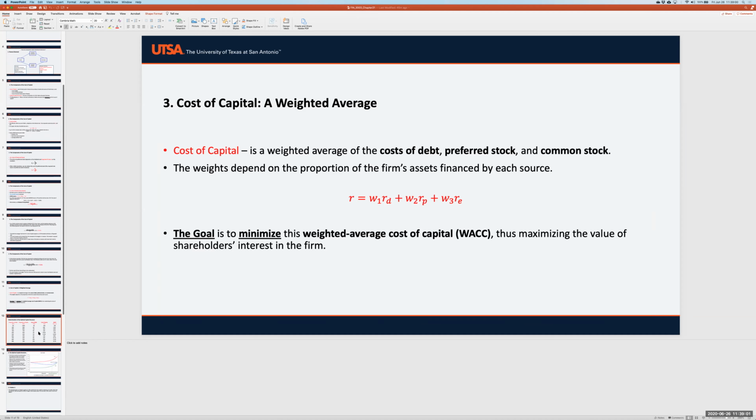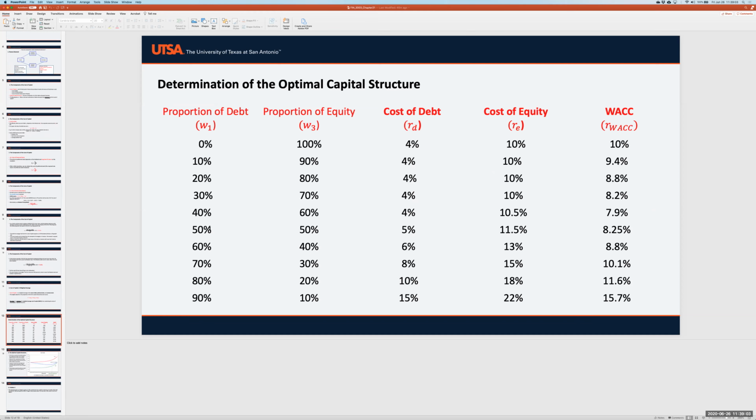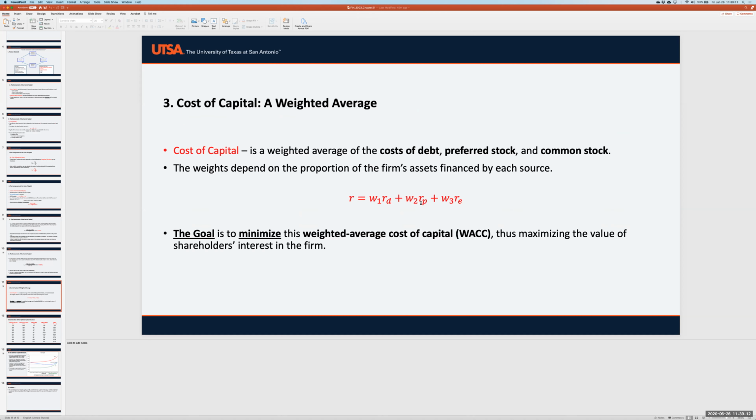So let's look at this table. I only show here cost of debt and cost of common equity. I'm not showing you W2 and RP, preferred stock. Let's assume the company doesn't have any preferred stock.